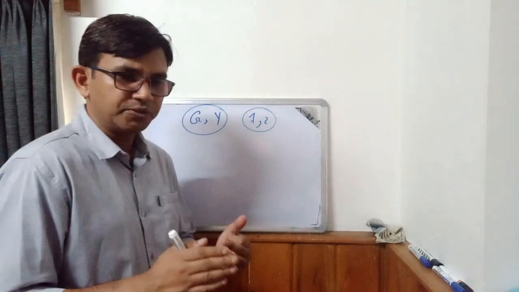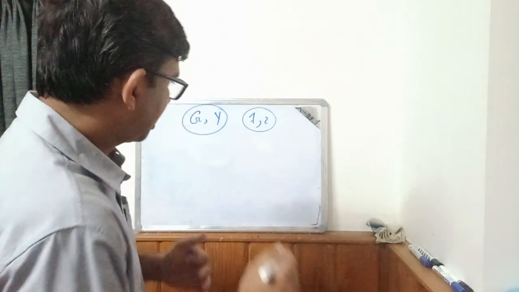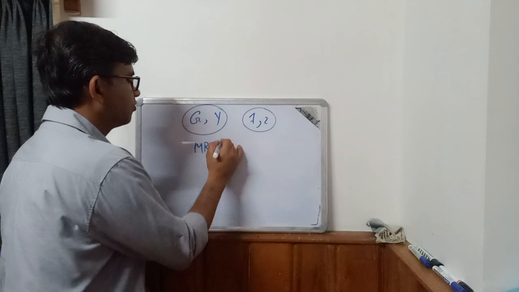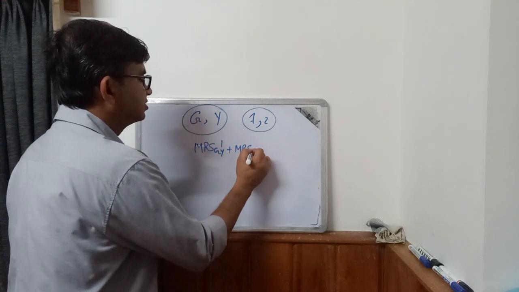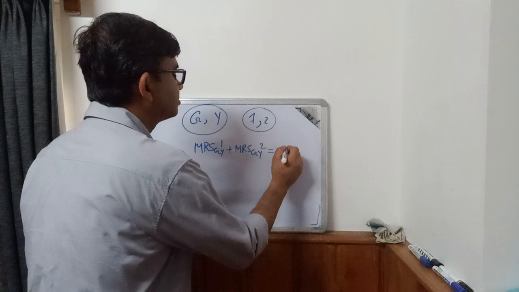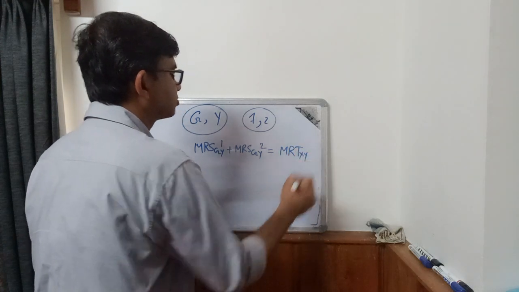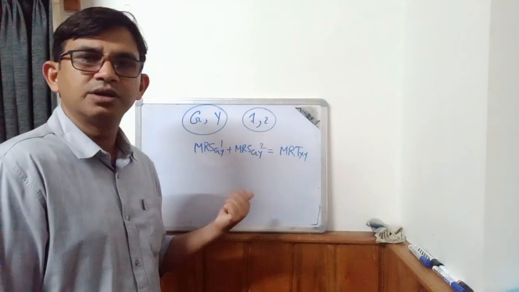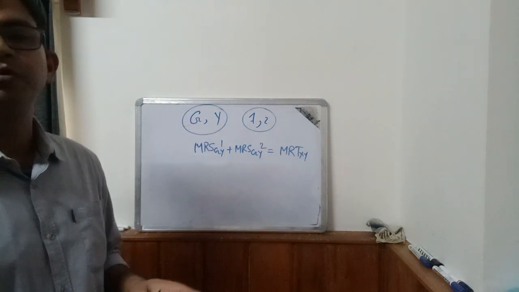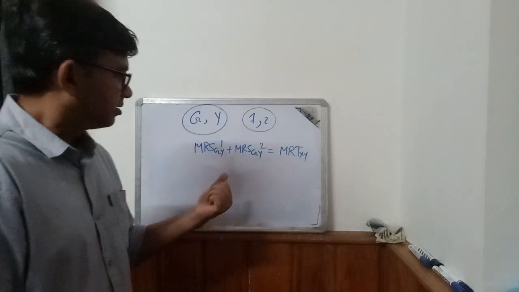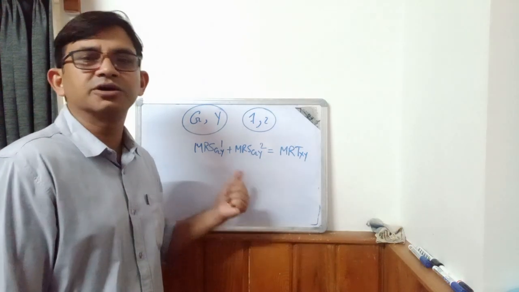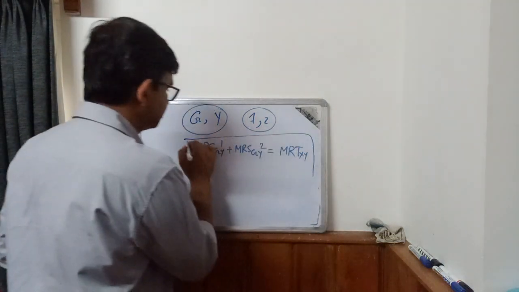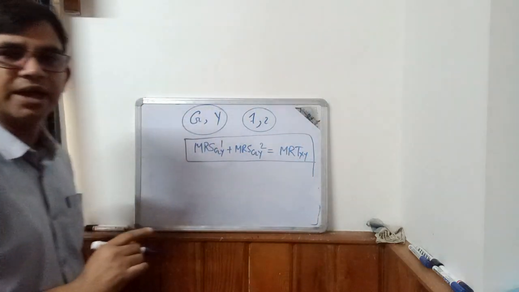The optimum condition in this case is given as MRS GY1 plus MRS GY2 equals MRT XY. And what was the reason? The reason was that for public good, the price is not uniform for all, and for the private good, the quantity consumed is not uniform for all. So we got this condition which violated the Pareto optimality condition.